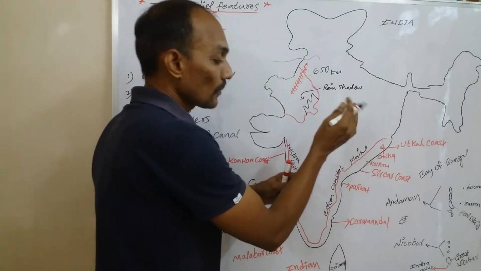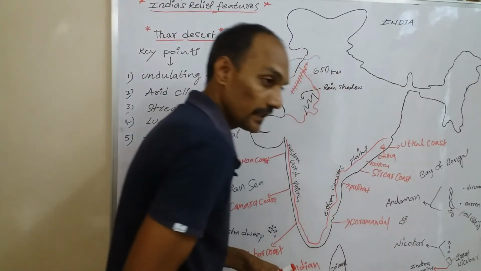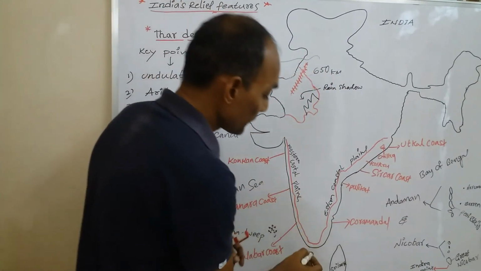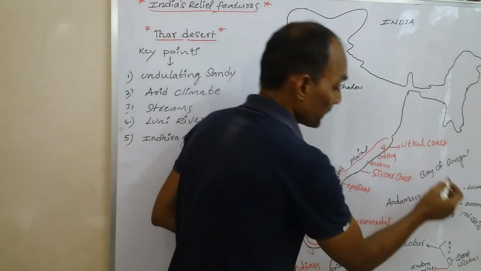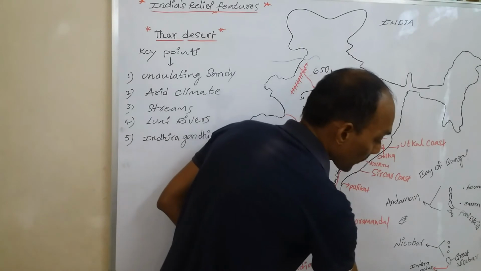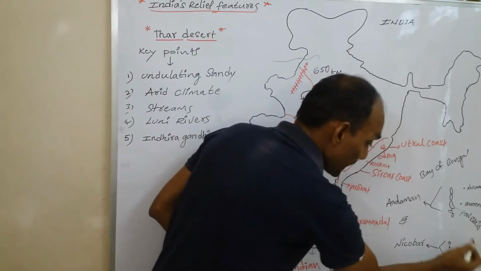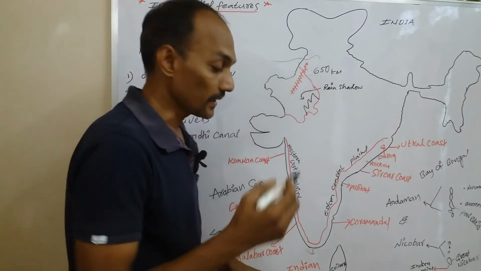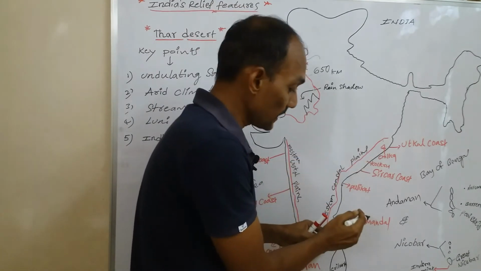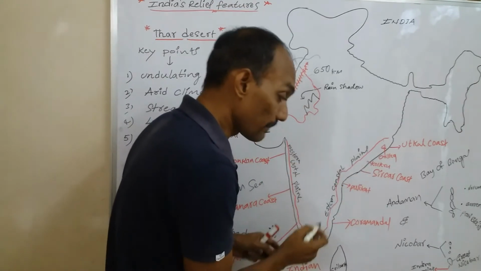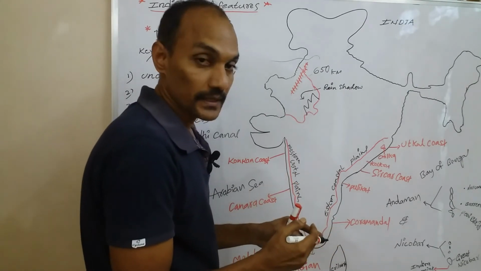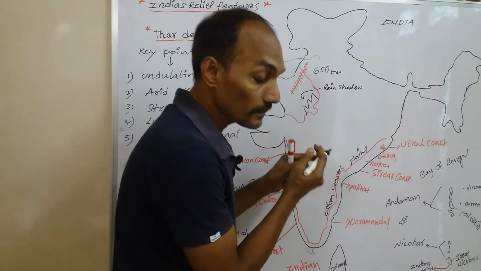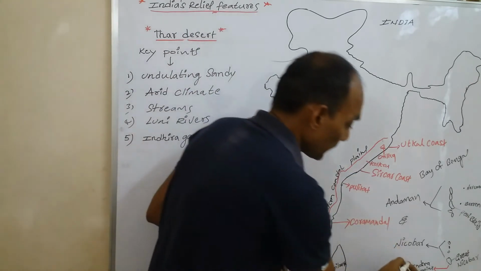And the southernmost tip of India. Actually we say the southernmost tip of India is Kanyakumari. But actually the southernmost tip of India is Indira Point. It is in Great Nicobar in the Nicobar Islands. Understand? The southernmost border point is Indira Point.